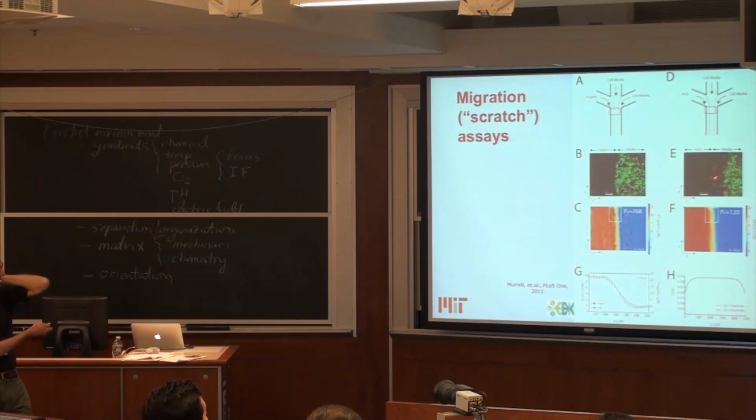So he produced a gradient in cell death to simulate the effect that you see if you physically scratch the surface. I won't go into the details of his findings, but there were differences, because in the traditional scratch assay you actually damage the cells, you kill the cells on the edge, and if you simply lift them off, you get a somewhat different response in terms of their migration behavior.